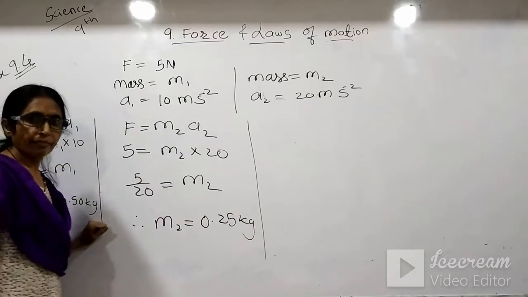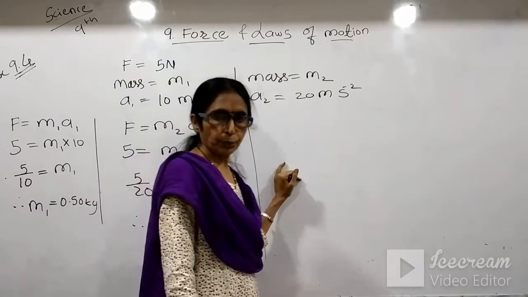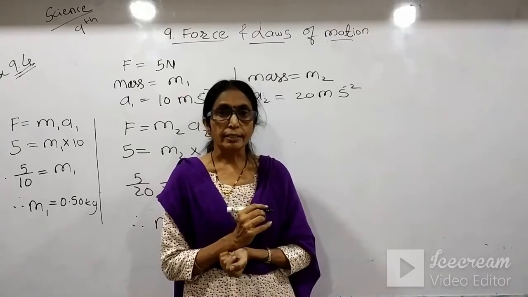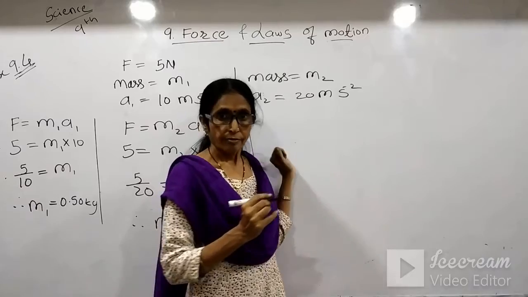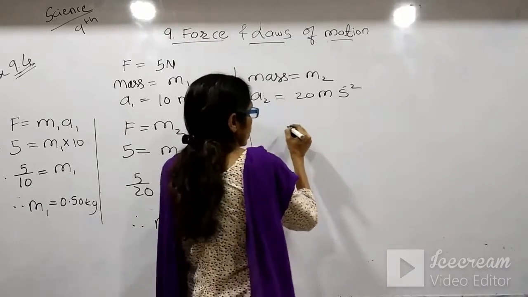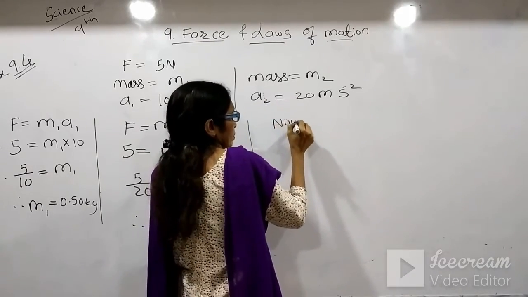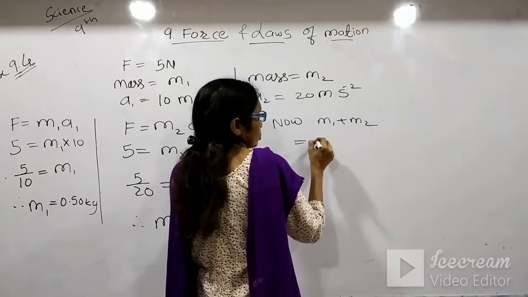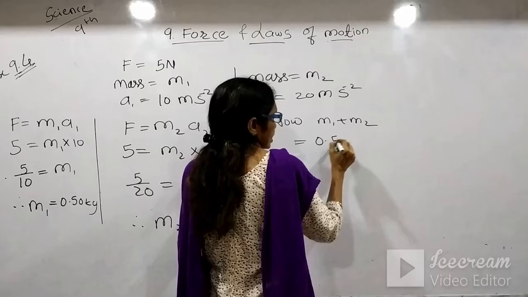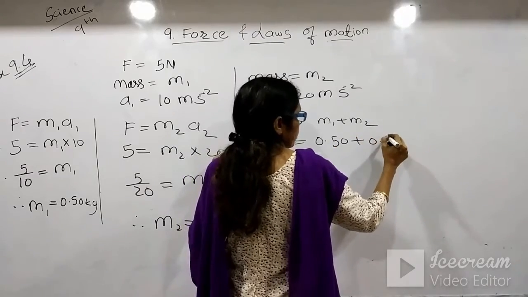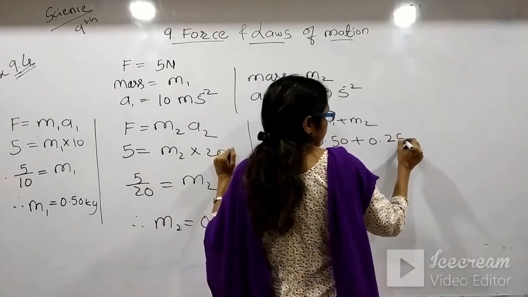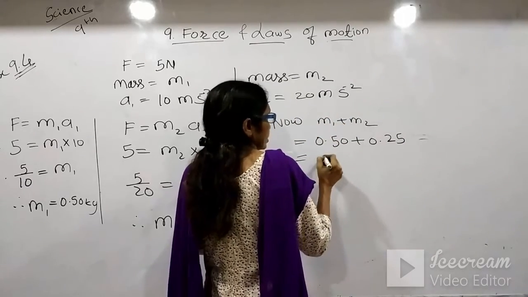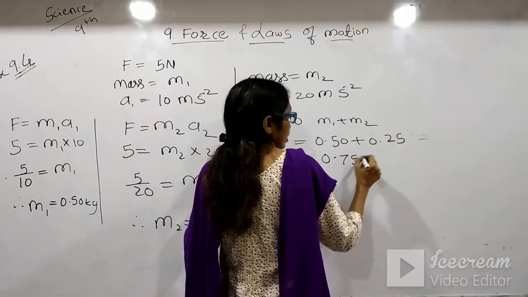So we have already found m1 and m2. Now what is asked? Tie these masses with one another. So now m1 plus m2 is equal to 0.50 plus 0.25, which we can write as 0.75 kg.